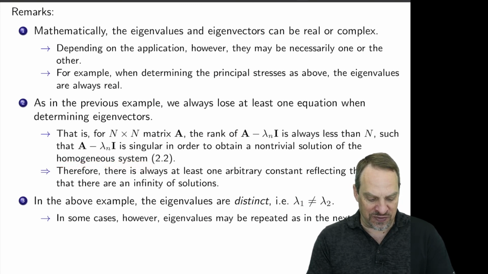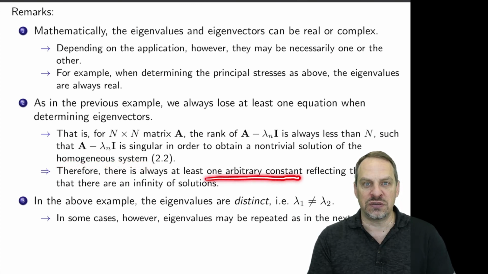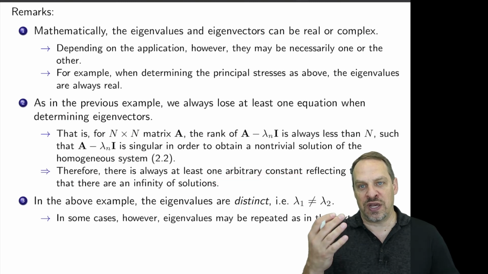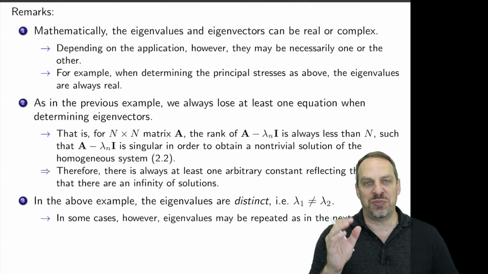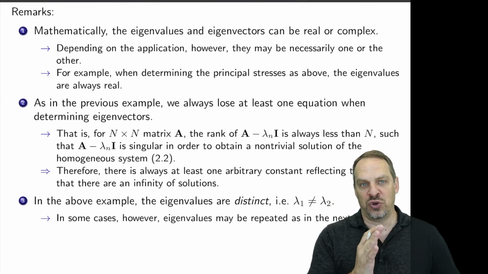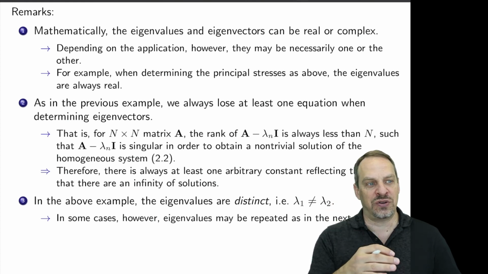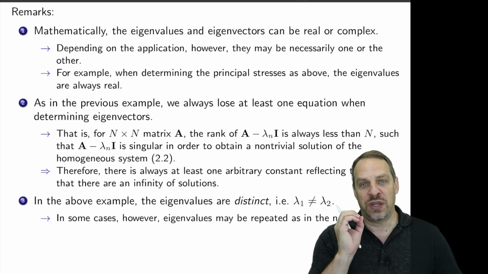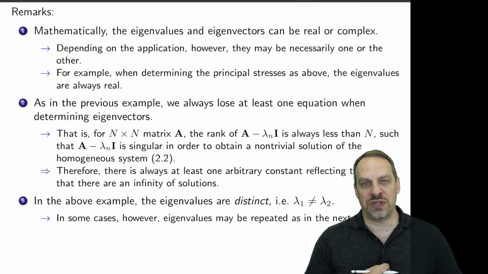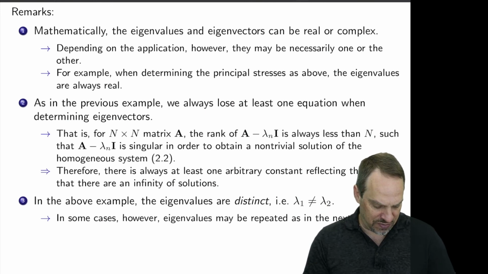So we're always going to have at least one arbitrary constant. And as I said, for now, I'm writing them explicitly, but in the future, I'll follow the normal convention. We'll just write down the eigenvector, like in our previous example, would be 1, 1, and minus 1, 1, and the arbitrary constant is implied. We won't even bother writing it down.